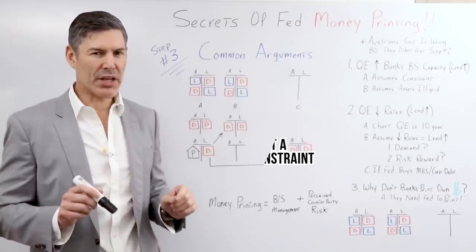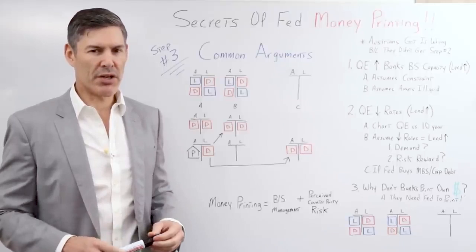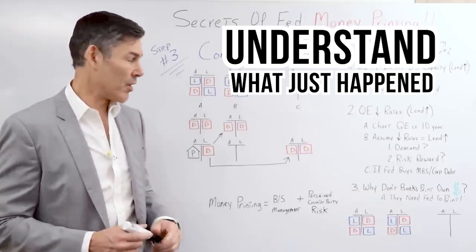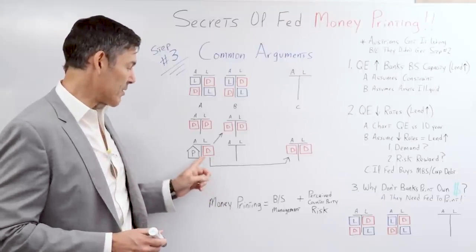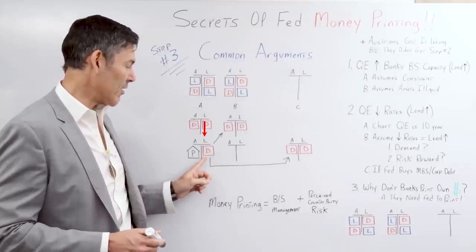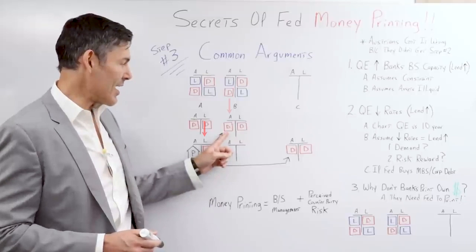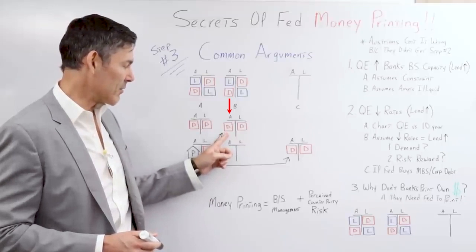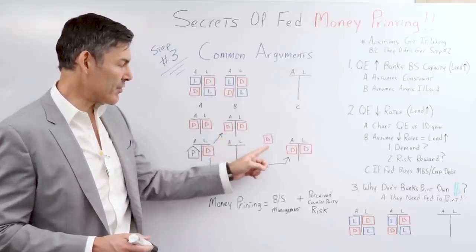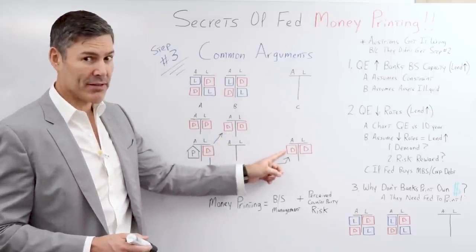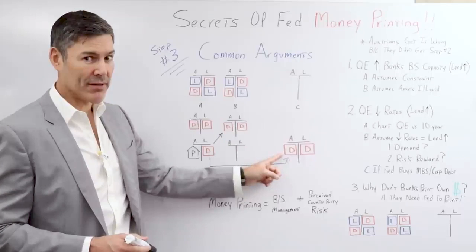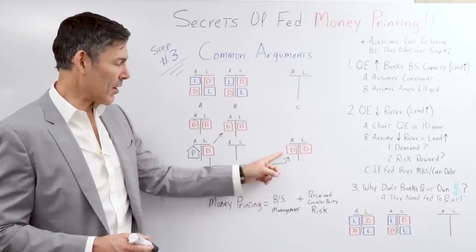But now let's really think this through so we can understand what just happened. Originally, this deposit that was a liability of Bank A was an asset of Bank B. And Bank B had to transfer that asset to Bank C. But wait a minute here.